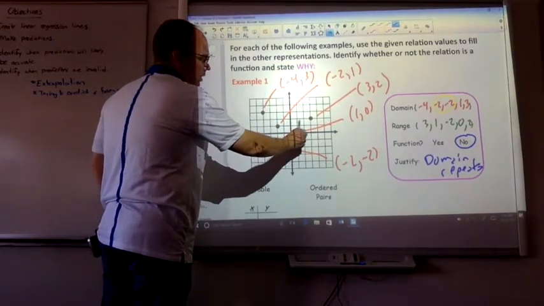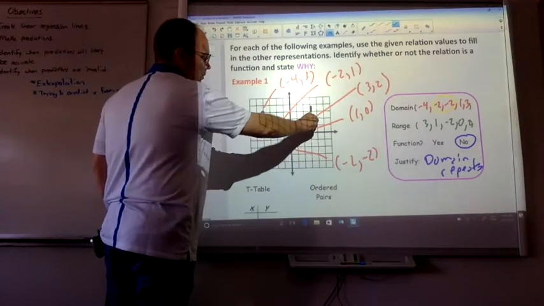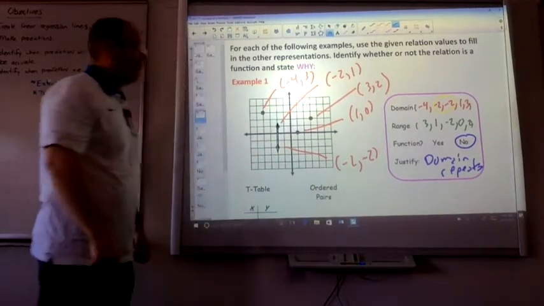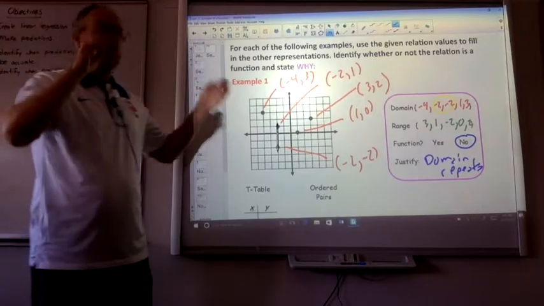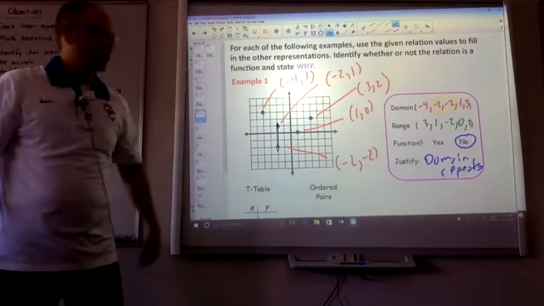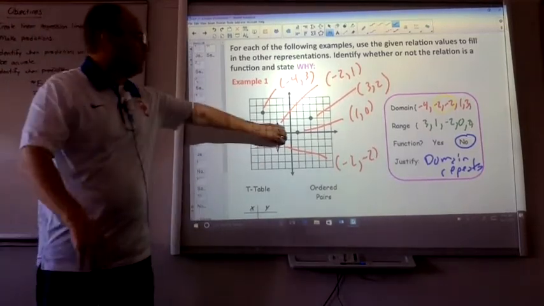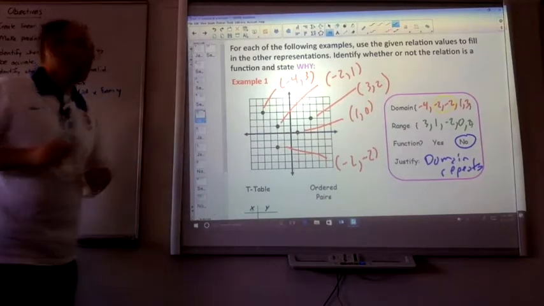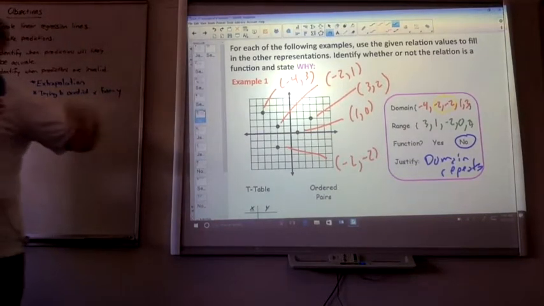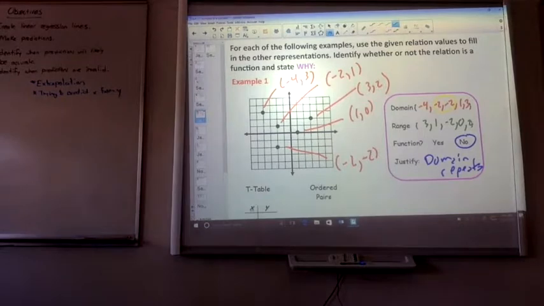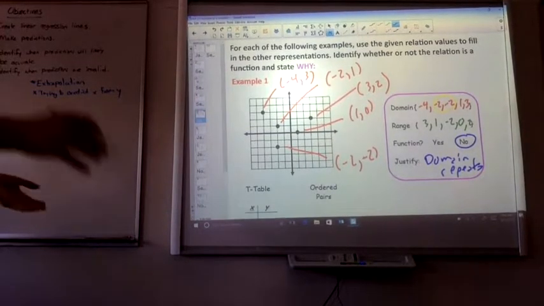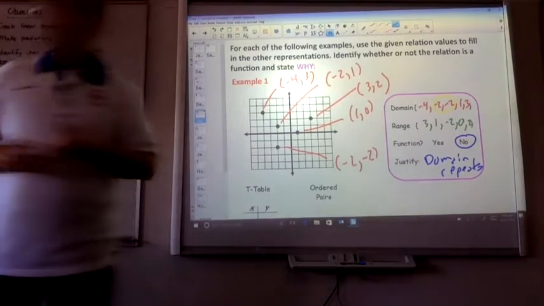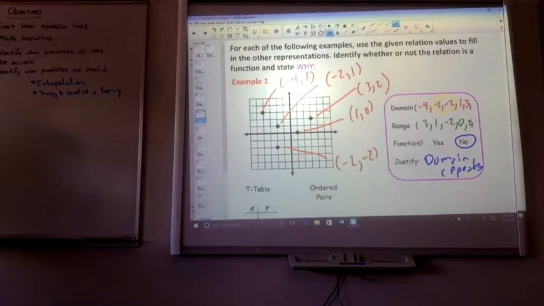That one works, this one works, but because those two right there fall along that vertical line, that means your domain's repeating, your x values are repeating, your input's repeating. So the domain repeats. So is this a relation? Absolutely. Is this relation a function? No. Why is it not a function? Because the domain is repeating.